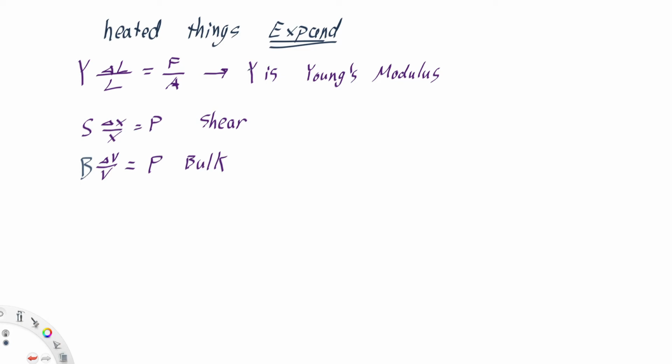So we would like to write down an equivalent relationship, right? So this is how it's usually written down for linear expansion, and then for volume expansion.